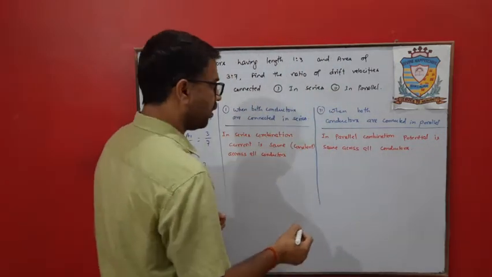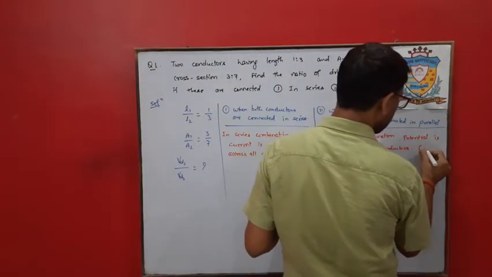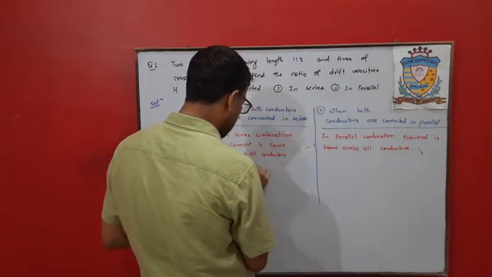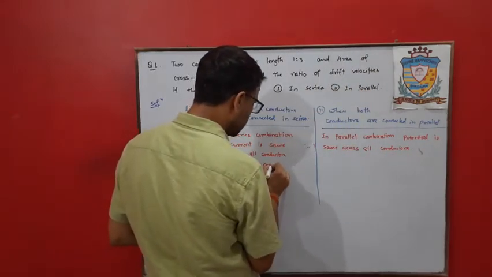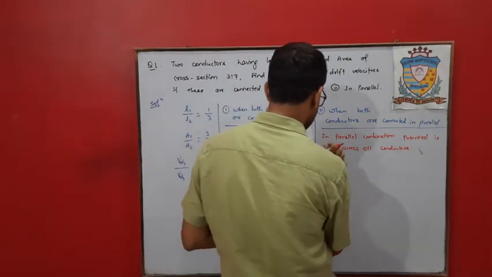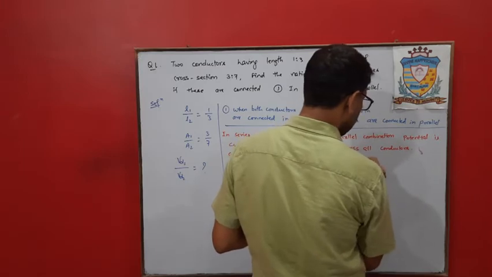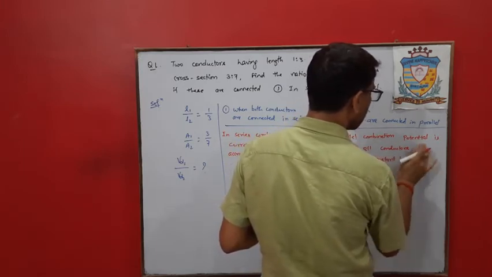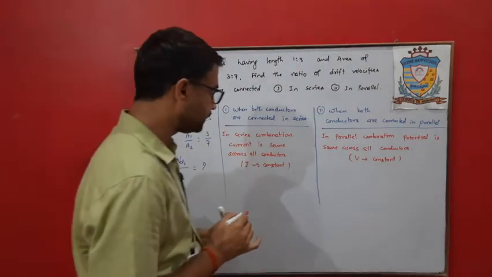Clear? So here in series we can say I is constant, and in parallel, V, that is potential, is constant. Clear?